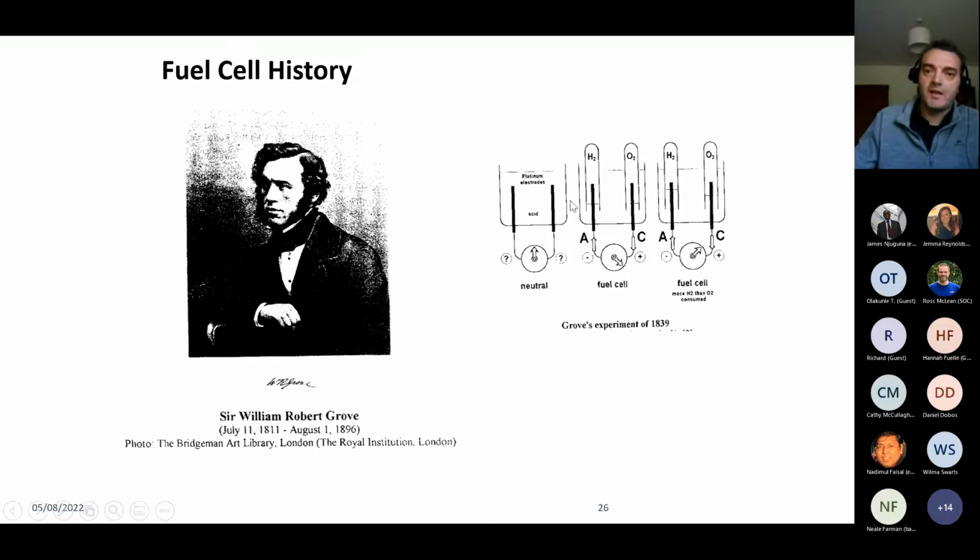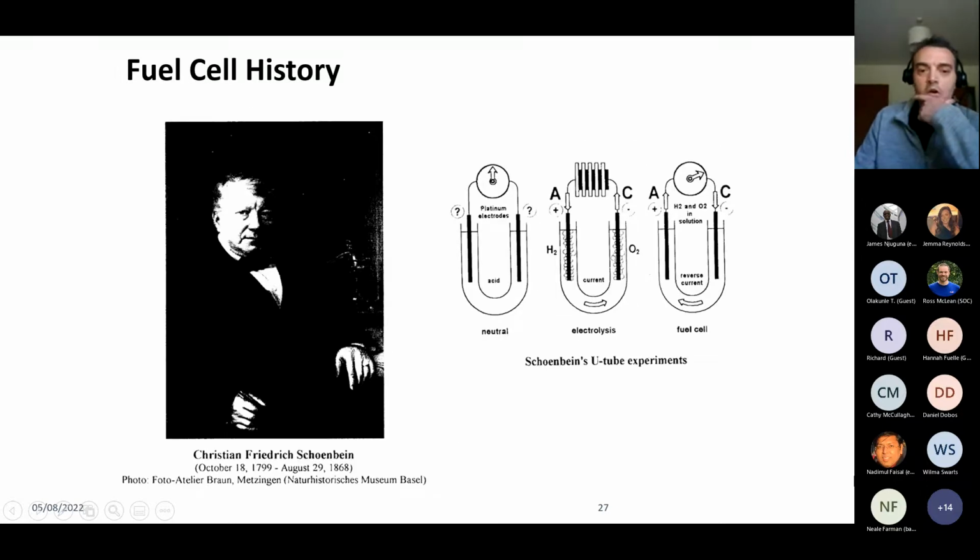So here we have platinum electrodes used as a catalyst for hydrogen formation. Another colleague, Christian Friedrich Schönbein, did a similar experiment. Here you can see a stack of a particular fuel cell, the first initial try.